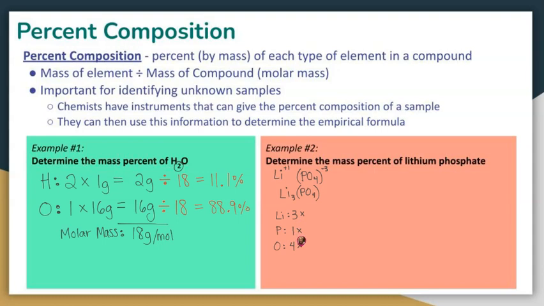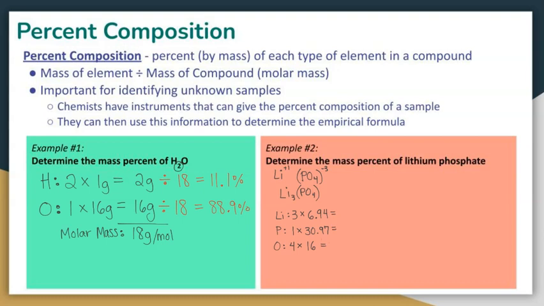We'll multiply by the number of that element. Lithium's mass on my periodic table says that it's 6.94 grams. Phosphorus's mass is 30.97 grams. And then oxygen's mass we know is 15.99, which I'm going to round to 16.